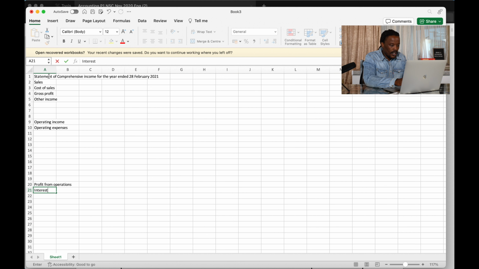interest income, and then we have profit before interest expense, and then we have interest expense, and then we have profit before tax, and then we have income tax expense, and then we have net profit after tax.